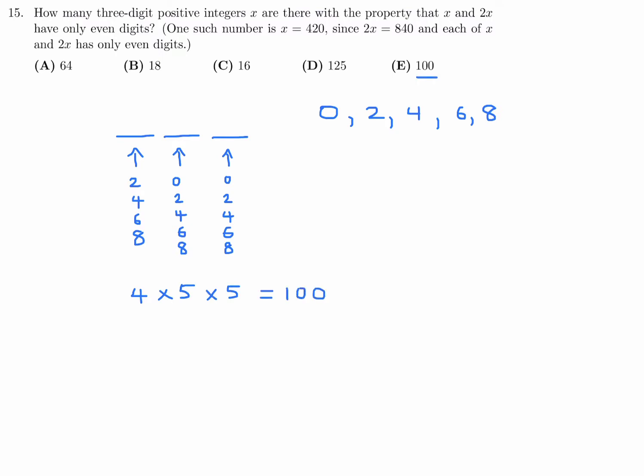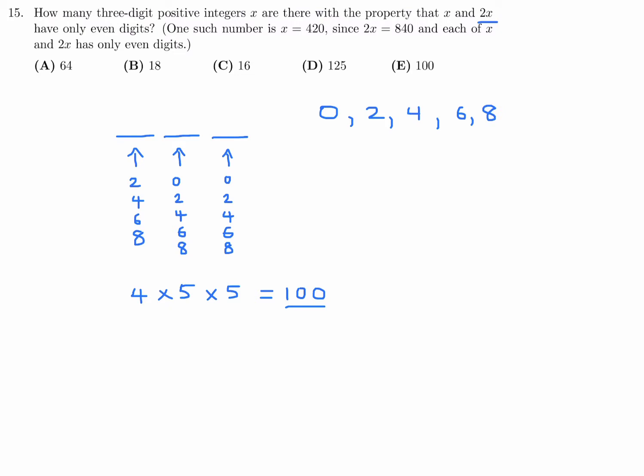Now 100 is one of the answer choices, but hold on for a second before we choose that, because that would be wrong. This 100 reflects all the 3-digit numbers that have only even digits. Fine. But we have to create numbers where 2x also only has even digits.